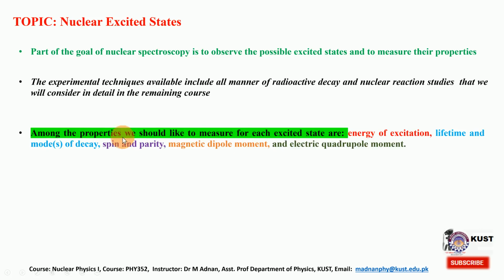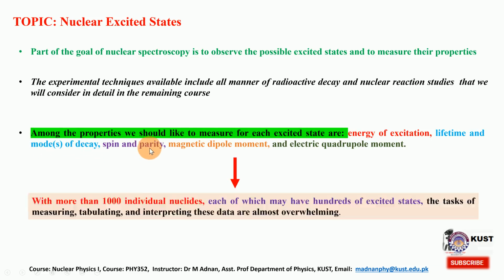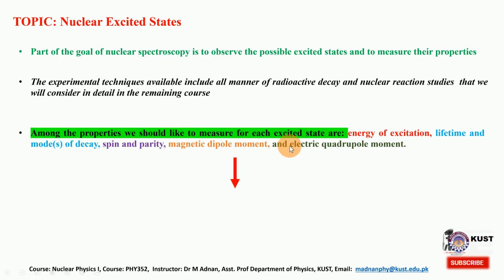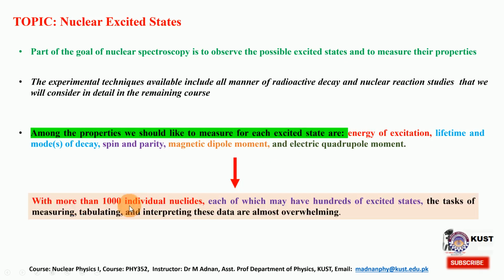Now, among the properties we should like to measure for each excited state are, as I told you, energy of excitation, lifetime and modes of decay, the spin and parity, the magnetic dipole moment, and the electric quadrupole moment.